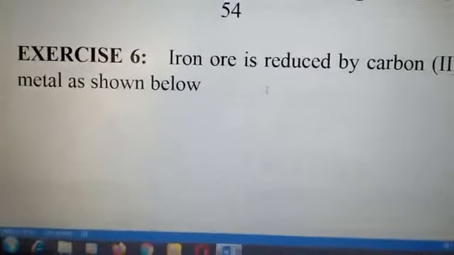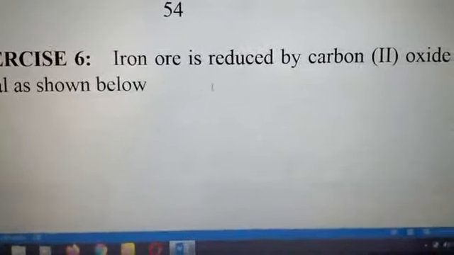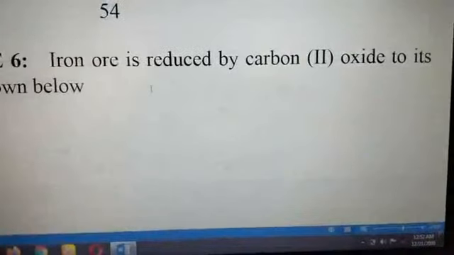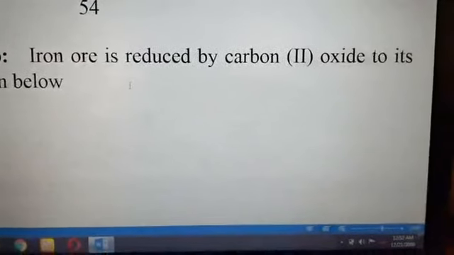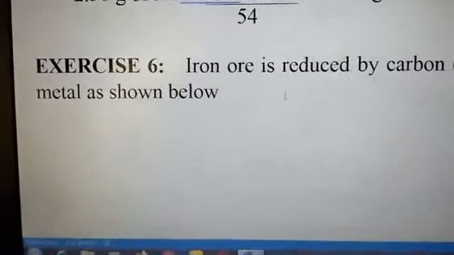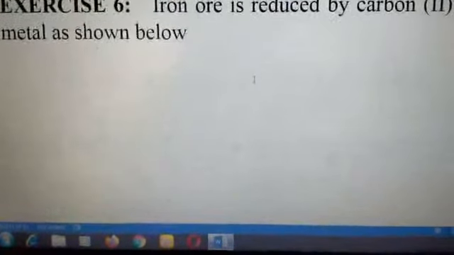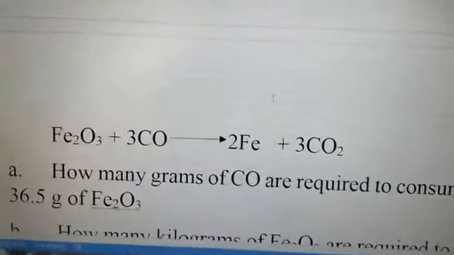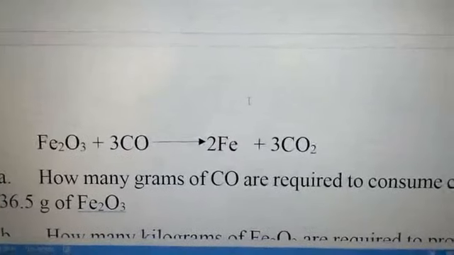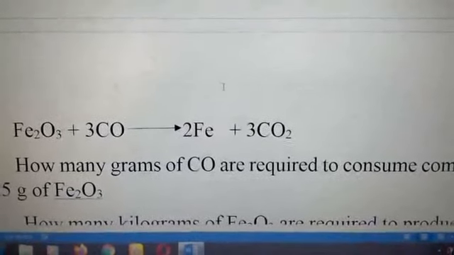So exercise 6 says iron ore is reduced by carbon 2 oxide to its metal as shown below. So we have an equation between iron ore, that is iron 3 oxide, and carbon 2 oxide, giving us iron and carbon 4 oxide.